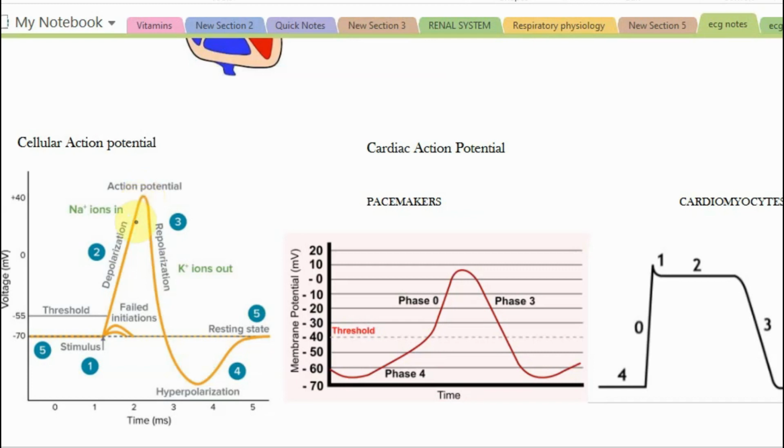It is at this point, if we look at the cellular membrane activity, that the voltage gated sodium channel closes. After this point, voltage gated potassium channels are open. When the voltage gated potassium channels are open, again based on the concentration gradient, potassium concentration tends to be higher inside the cell relative to outside.